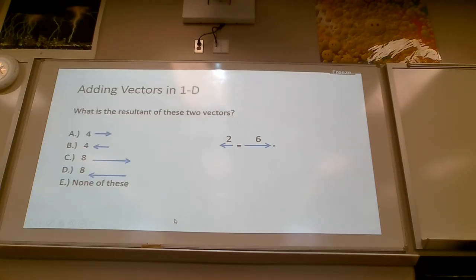The negative to the 6 to the right makes that 6 to the left. 6 to the left plus 2 to the left is 8 to the left.